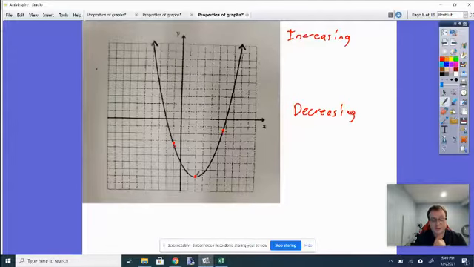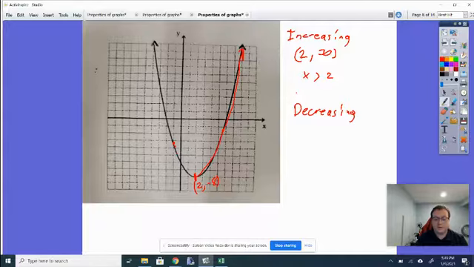So this is increasing, and we want to look at those inputs. So it starts at 2, because 2 is an input here, and it increases until infinity. So 2, infinity. Now again, we can't ever include infinity, and we're not going to include 2 because at that vertex, it's not doing either. So over here, we would say x greater than 2. We don't want to do equals because, again, we're not including that 2.